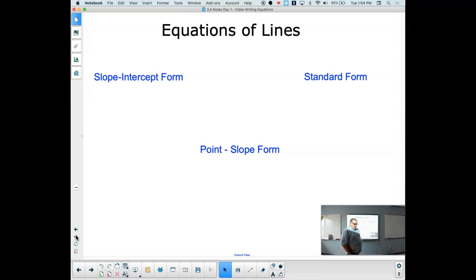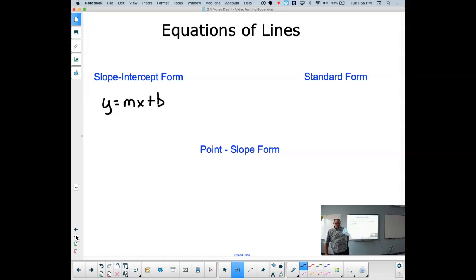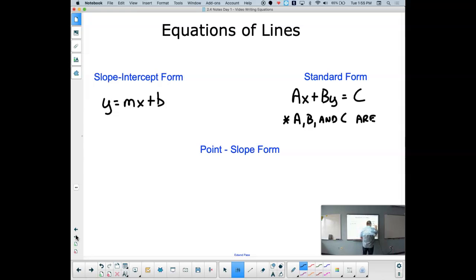Okay? Just a quick refresher from yesterday. So we have 3 different forms of lines. We have the slope-intercept form, which is y equals mx plus b. The most common form of a line. We have standard form of a line, ax plus by equals c, where a, b, and c are integers, so no fractions or decimals.